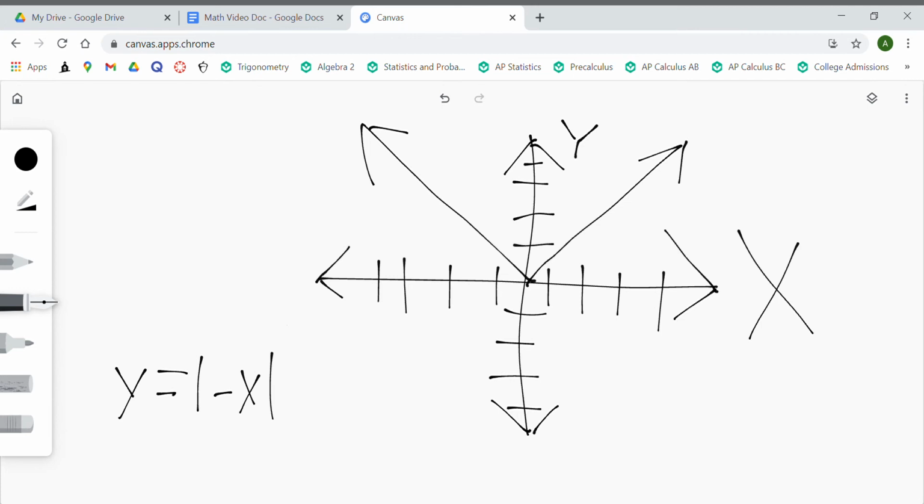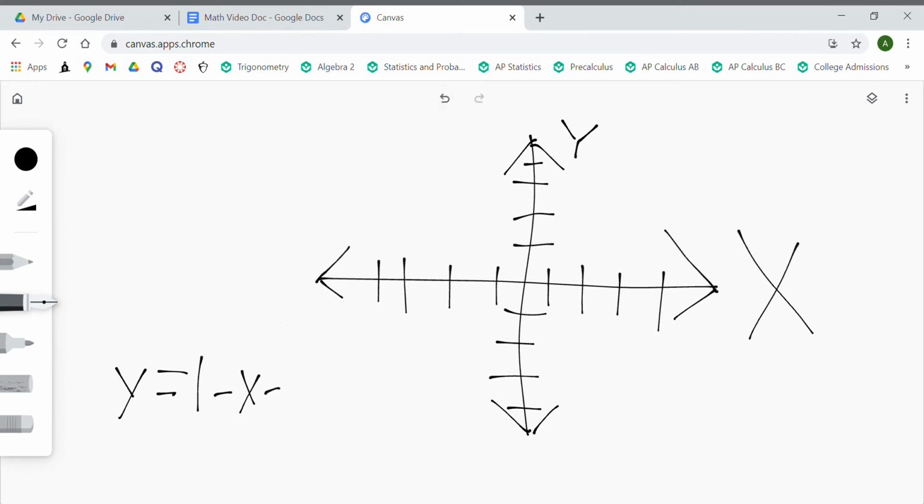It's on the y-axis. Now, what would happen if we try to reflect it over the y-axis? This would happen. That's right, we get the same line. Now, that's only the case if we get the vertex on the y-axis.